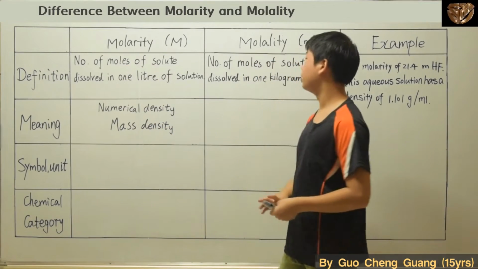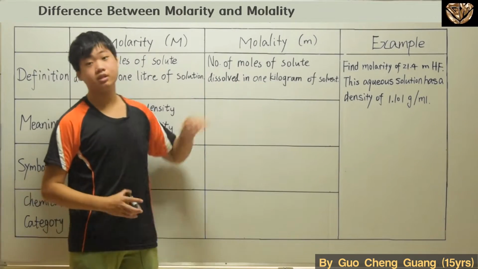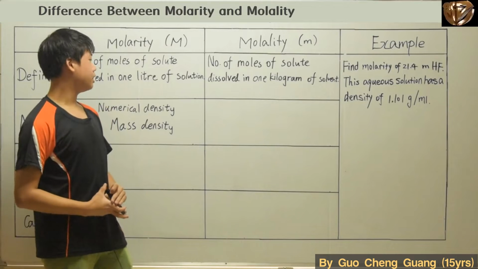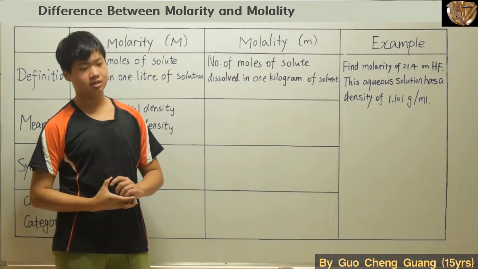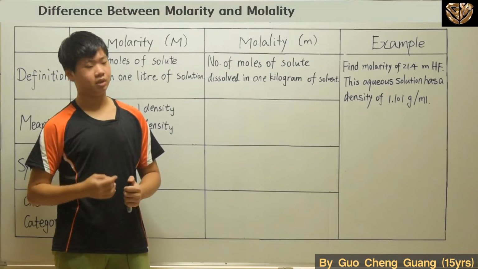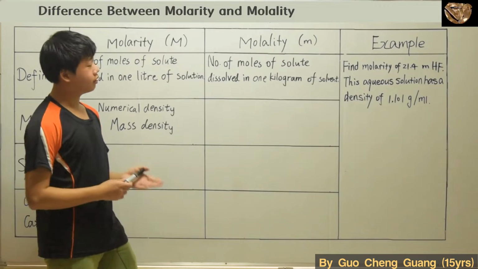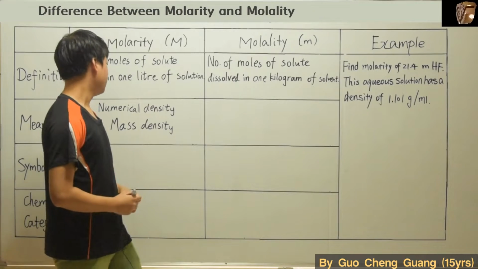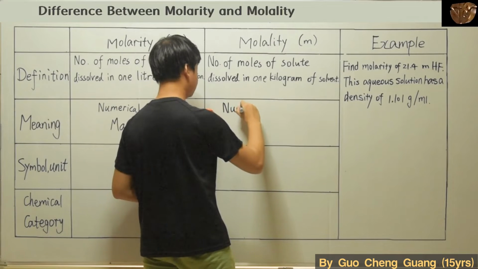So how about molality? Now, is molality a density? Well, this is the mass of solvent. So it doesn't really seem like a density, right? Since you don't normally have density divided by kilograms, you don't really see that. So what exactly can you understand this as? Of course, again, you can take it as numerical something.